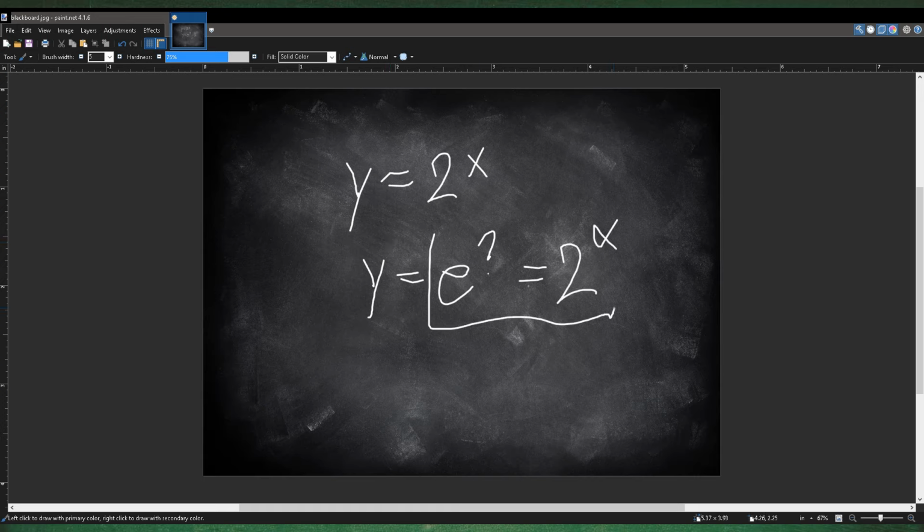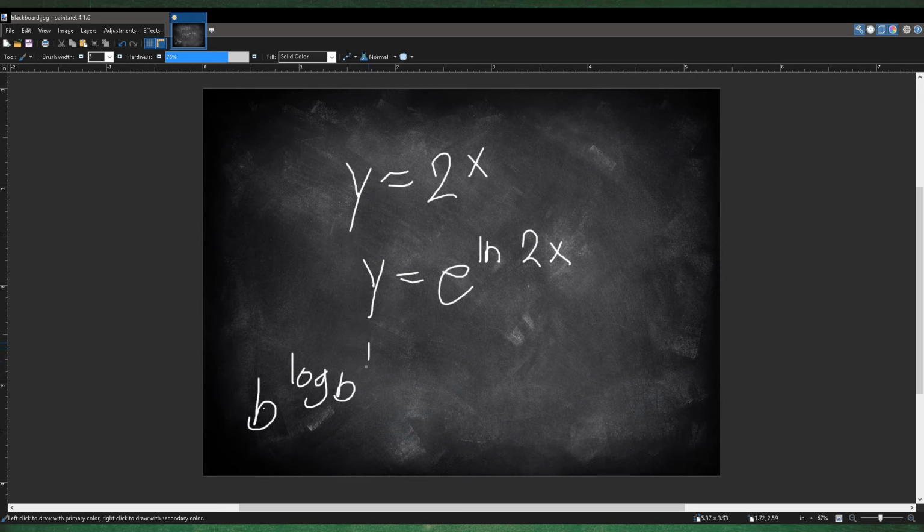That's what they will be looking at, and that's the same thing as saying e to the ln of 2x. Because remember the property that says that b to the power of log base b of k is equal to k. Well, this is the same concept. So b would be e, right? And log base e would be ln, and k is equal to k.